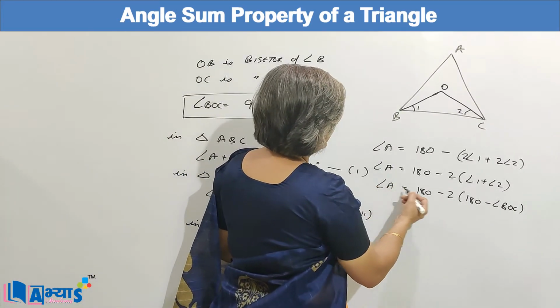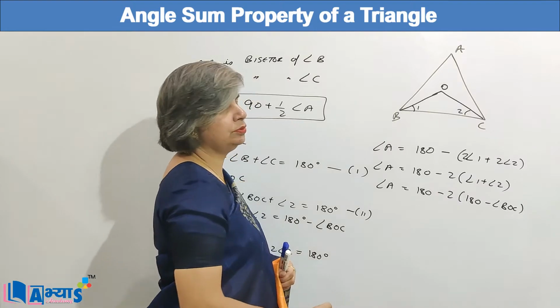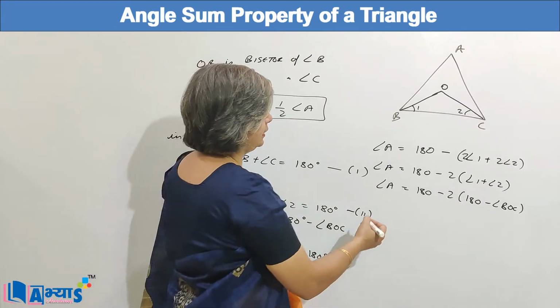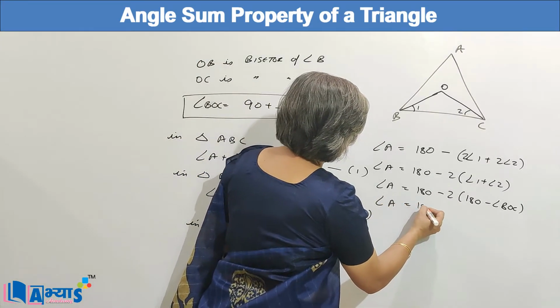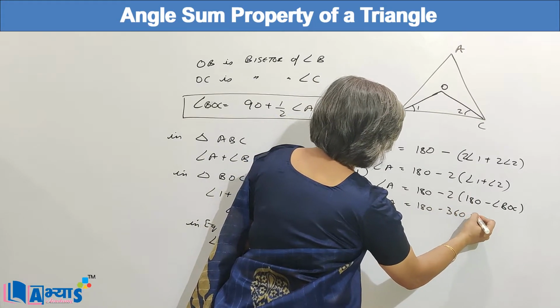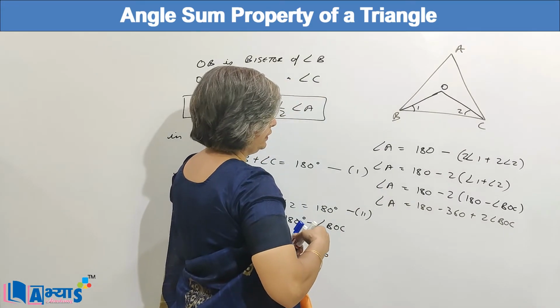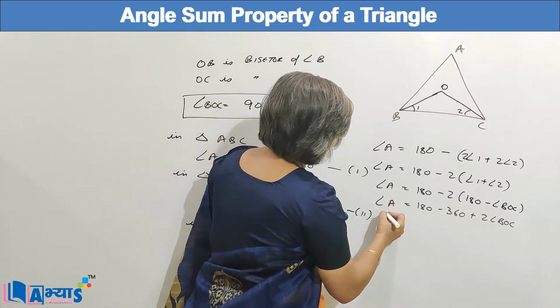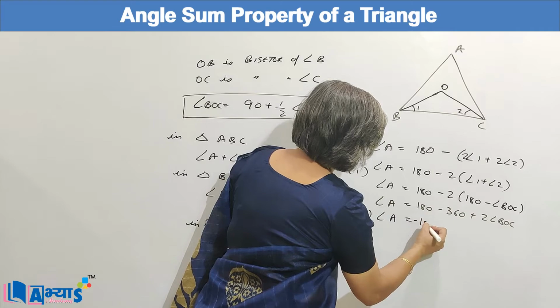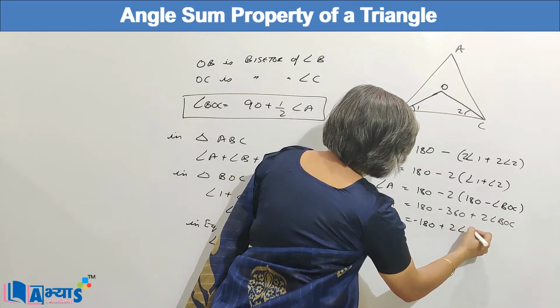So we can say that angle A is equal to 180 minus 2 into 180 minus angle BOC, or angle A is equal to 180 minus 360 plus 2 times angle BOC, or on further simplifying we get angle A is equal to minus 180 plus 2 times angle BOC.